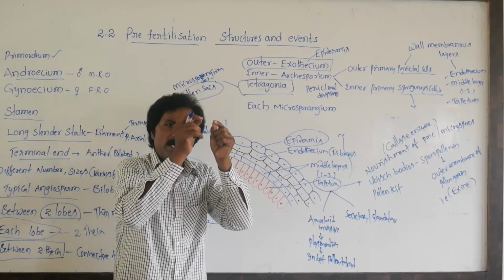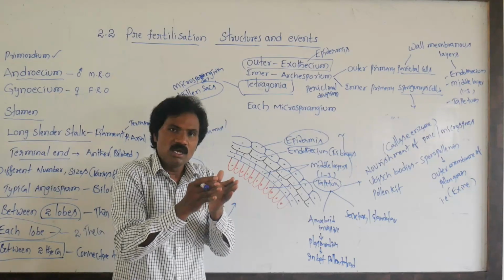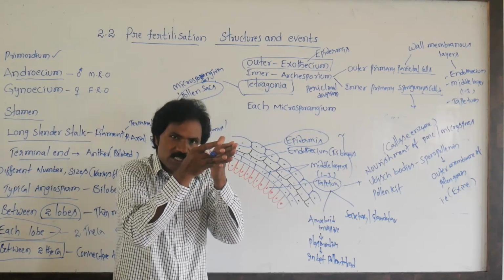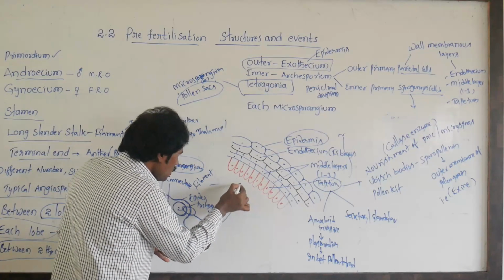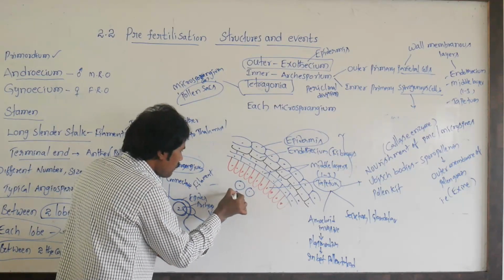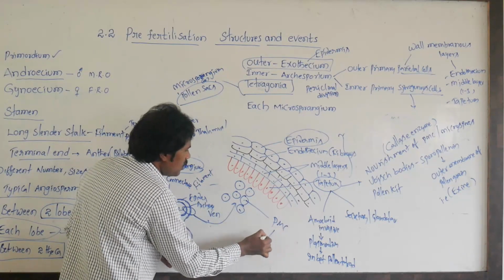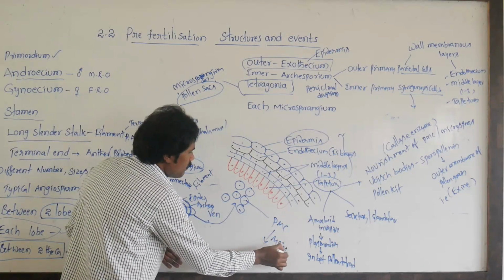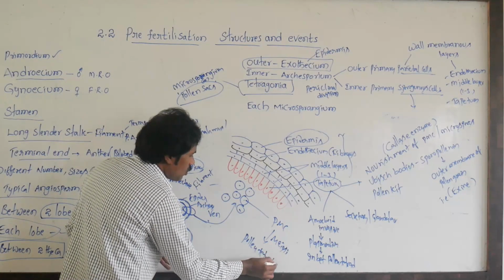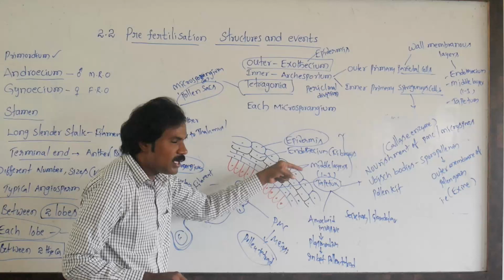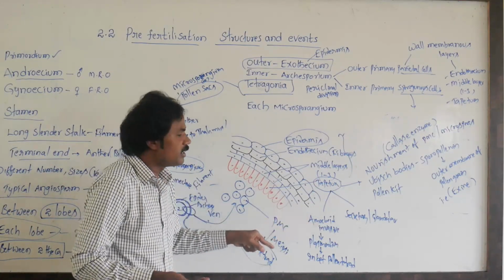So the amoeboid cells, during growth and development of pollen grains, degenerate and enter the innermost layer. Here the pollen mother cell, the PMC, undergoes meiosis and forms the pollen tetrad. In between the pollen tetrads, the tapetum enters and nourishes the proper growth and development of pollen grains.